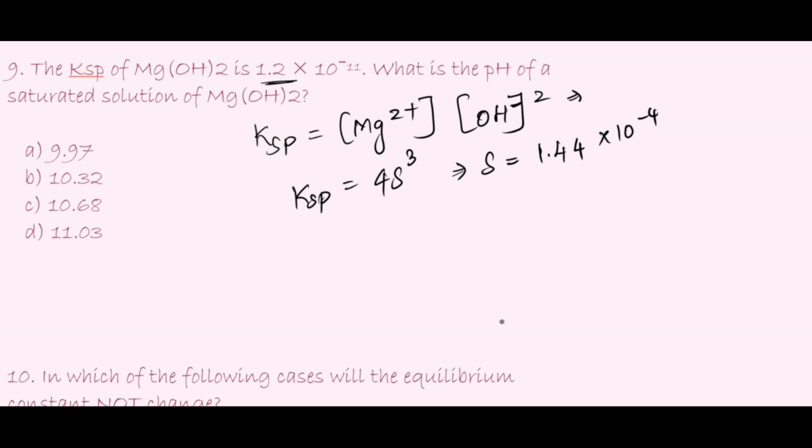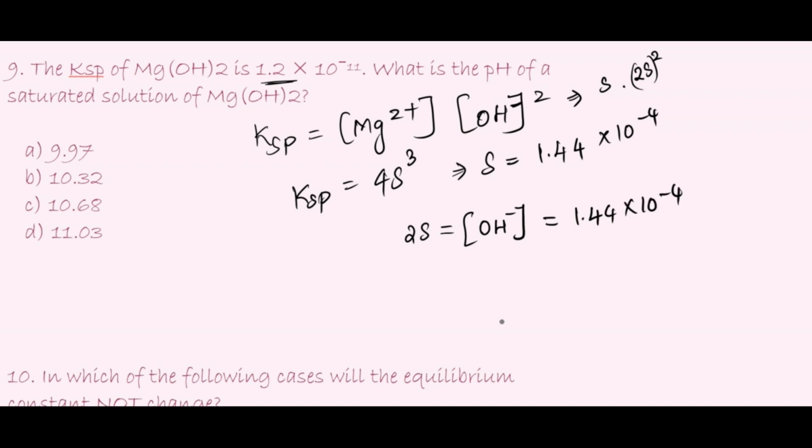From the equation, magnesium is S and OH minus is 2S, so in total that becomes 4s cube. So the OH minus concentration is 2S, which is equal to 1.44 into 10 to the power minus 4.